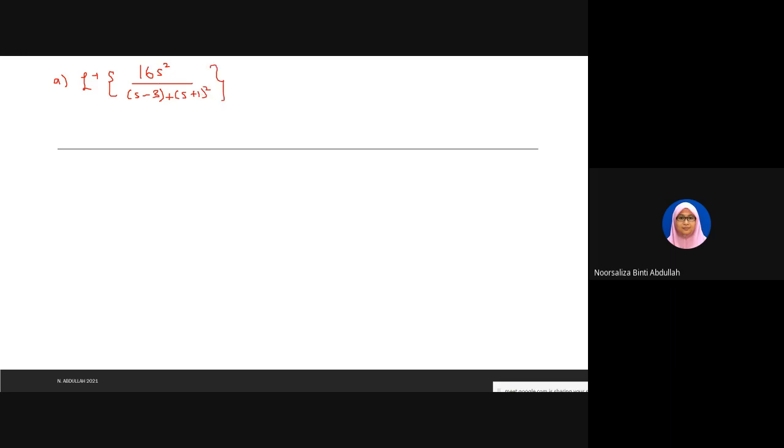Okay, so you have to arrange these equations in the partial fraction. Okay, so this one will be, dia ada 3 bahagian kan? Sini dia ada 2 because dekat sini ada s square. Okay, bawah tu tak ada tambah. Tak ada tambah. Dia darab terus.